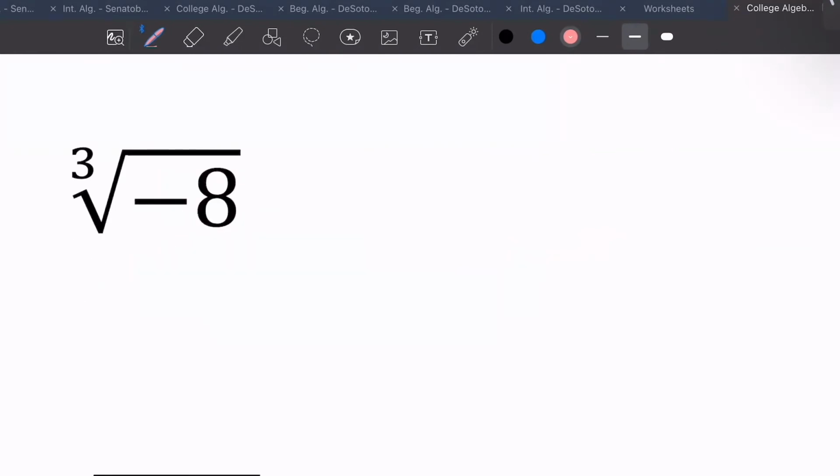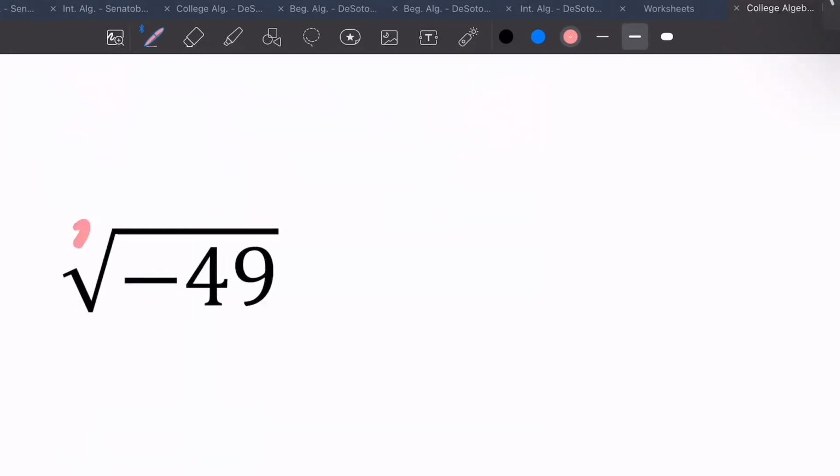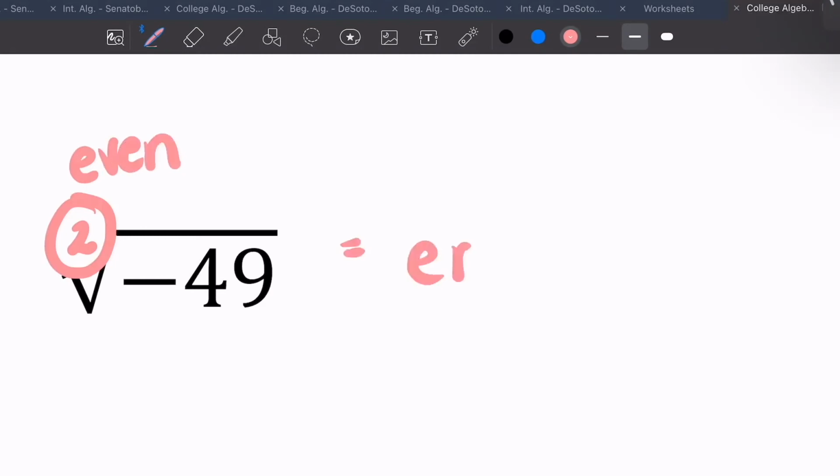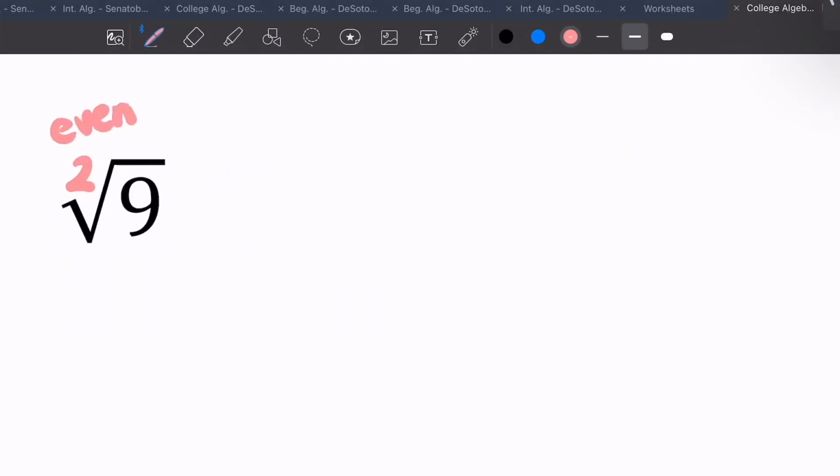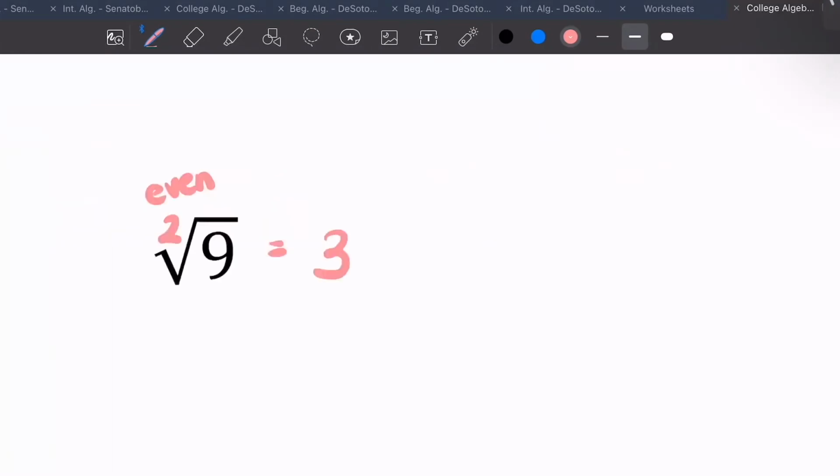Negatives under the house, but this is odd, so we're okay, and the cubed root is -2. This one is even, so we get an error. This is just the square root of 9, back to the basics. This is even, so we get 3.